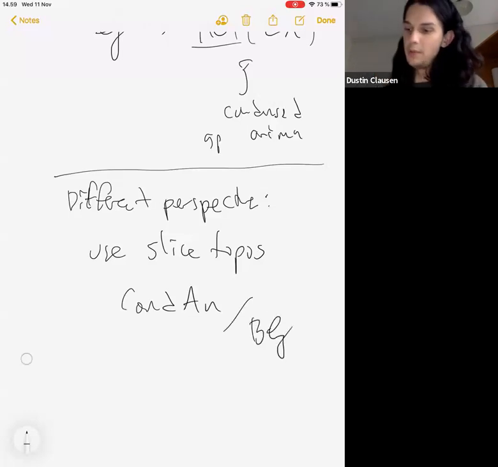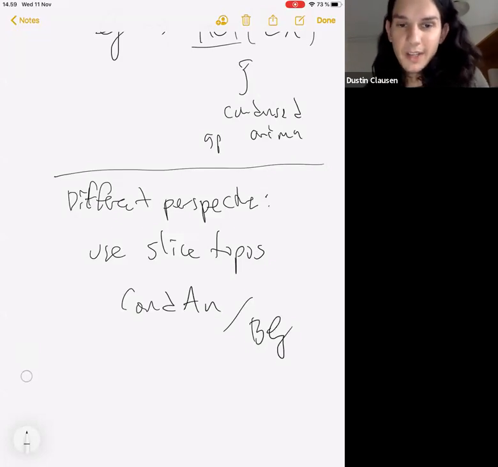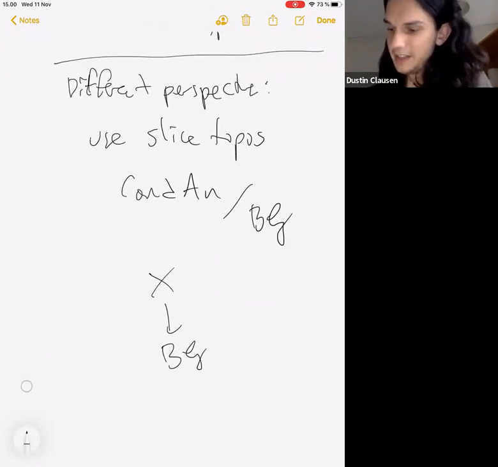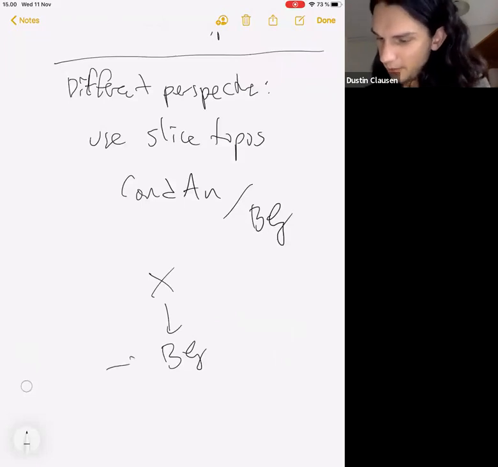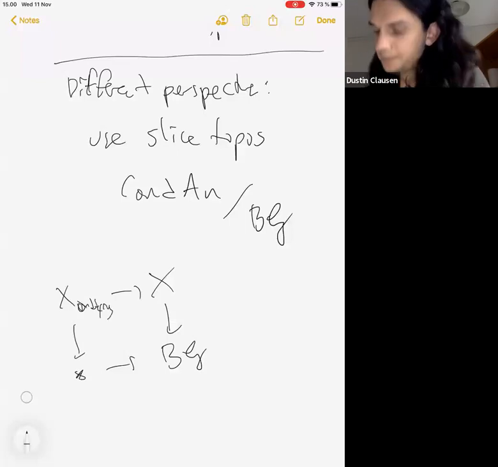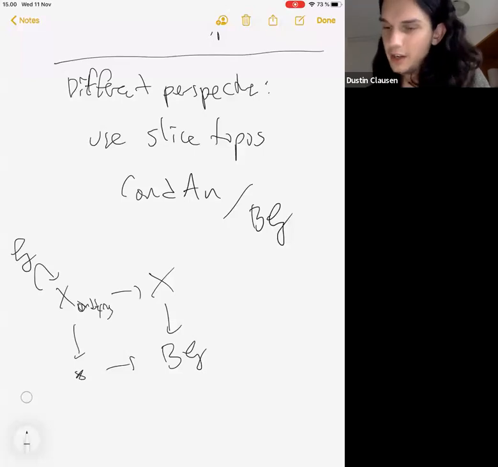So if you have any group object in a topos, you can make this BG, which Peter already talked about in his lecture. And then you can think of something mapping to BG. In fact, it is some general topos theoretic thing. This is the same thing as giving an action of G on, well, not X here, but on the pullback. So we call this the underlying object. Then it's the same thing as giving an action of G on this underlying object here.